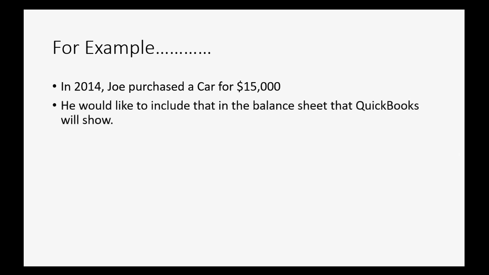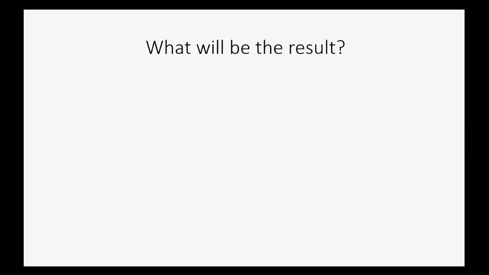For example, let's imagine in 2014, Joe purchased a car for $15,000. And that's what he paid for it in 2014. He would like to include that in the balance sheet that QuickBooks will show. So what will be the result if he adds that to the balance sheet?